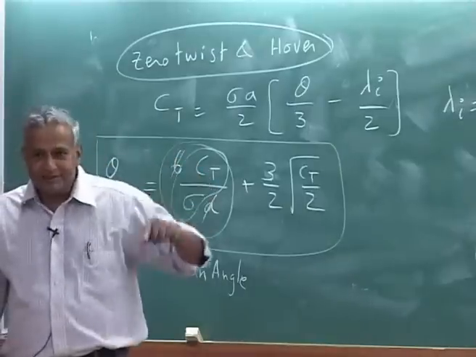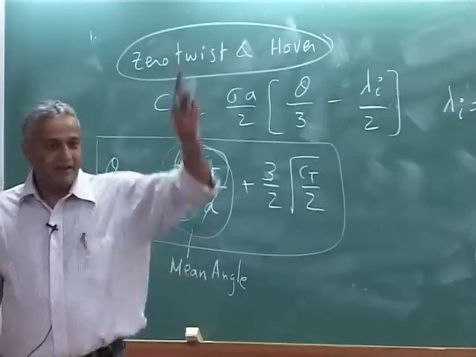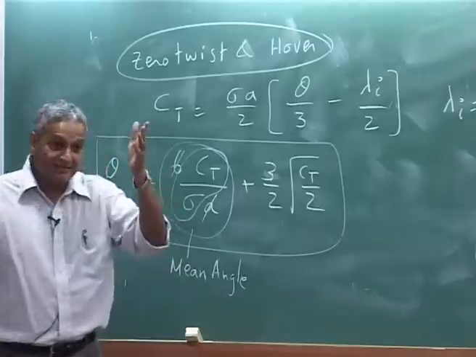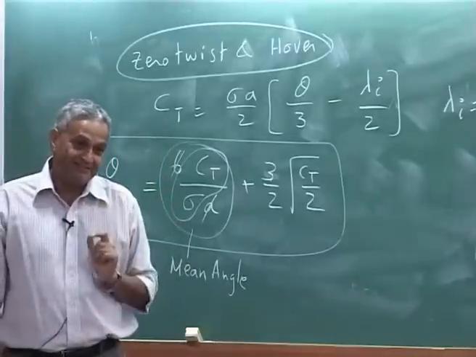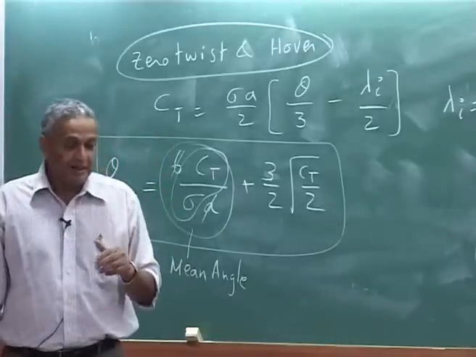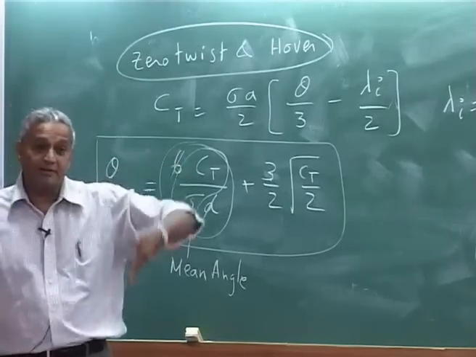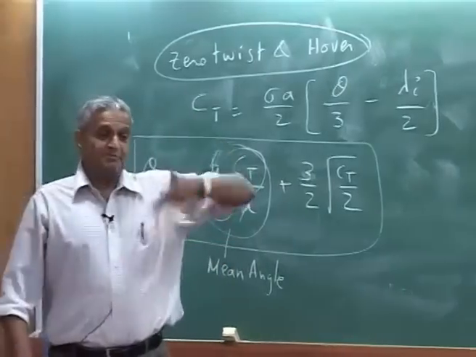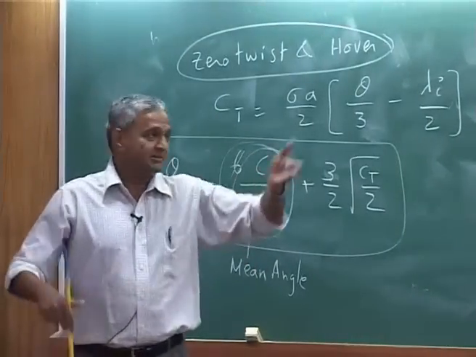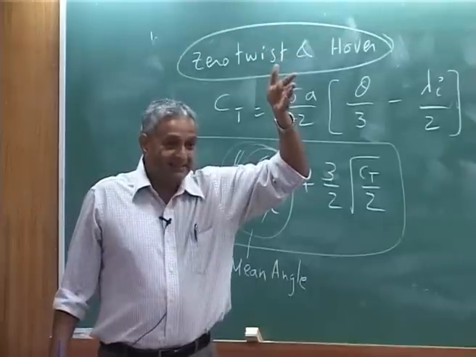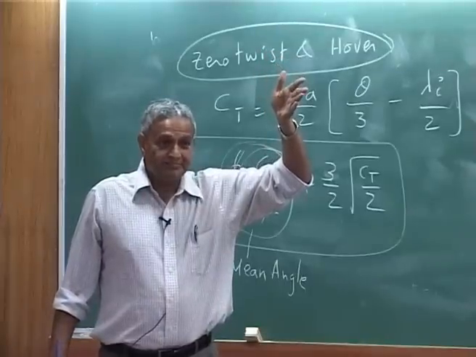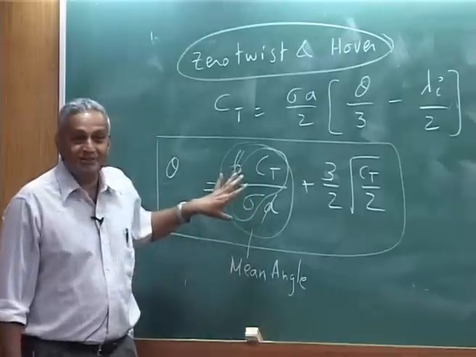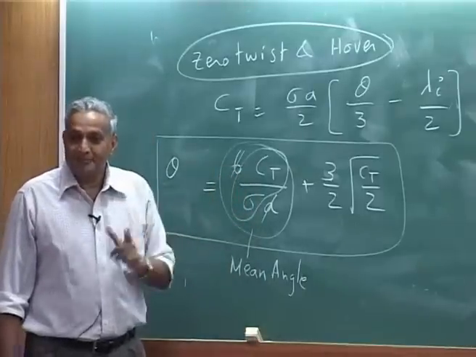But if I reduce my solidity, I am actually increasing my angle of operation, and you may stall. If you are near the stall angle and you want to climb up, because this is for hover, I have to increase my thrust, I increase my collective, but you will not be able to lift, the blade will stall. So, this is very important, Ct over sigma as a parameter.